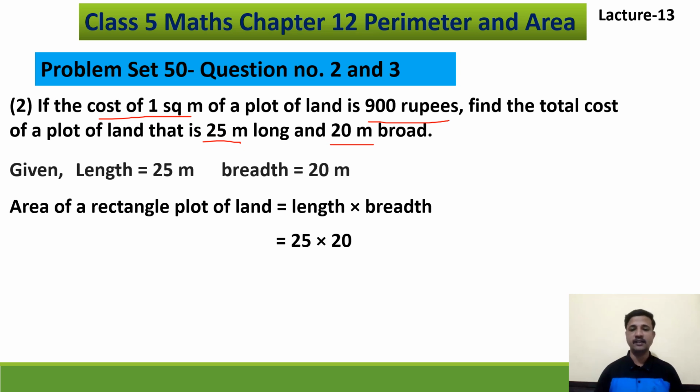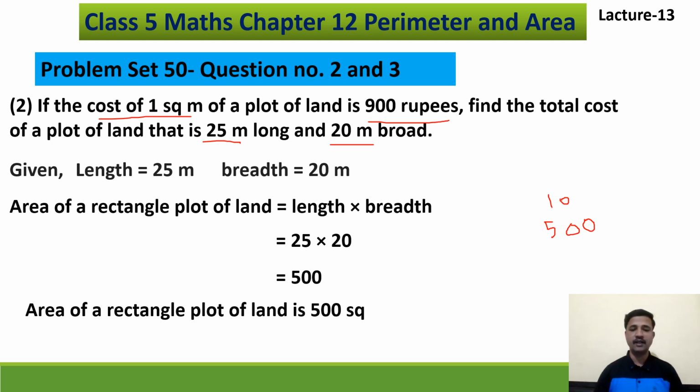Calculate this: 25 times 0 is 0, then 20 times 5 is 100, 10 carry. Then 2 times 2 is 4, 4 plus 10, 50. So 500 is our area. So the area of the rectangular plot of land is 500 square meter.